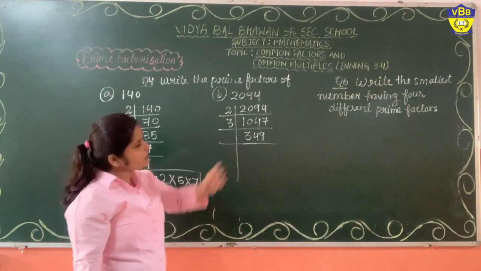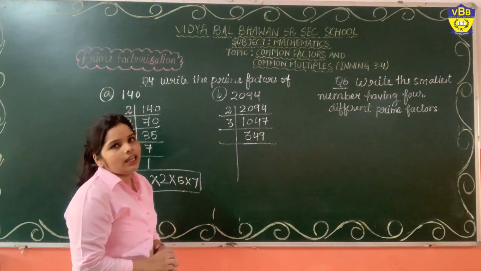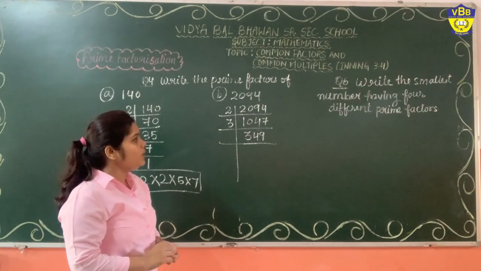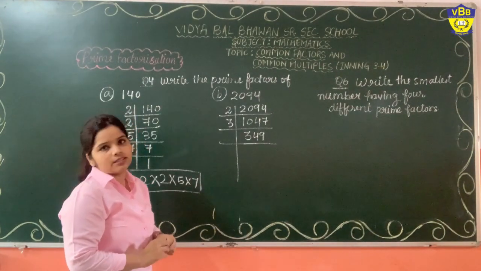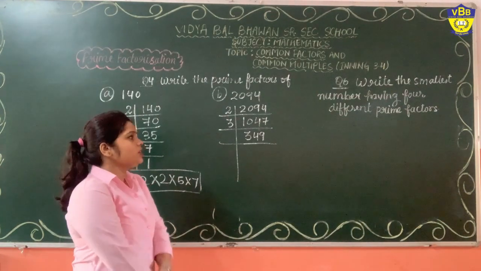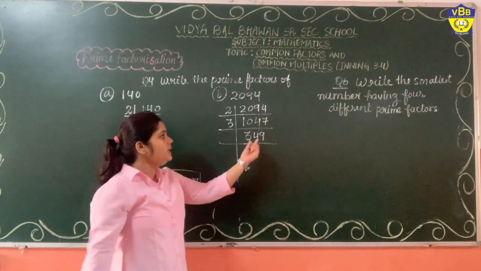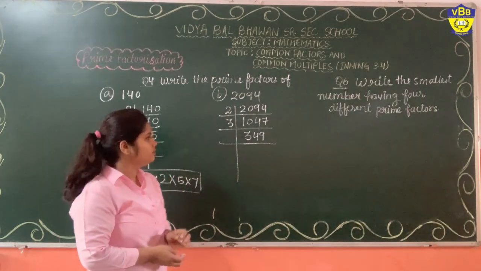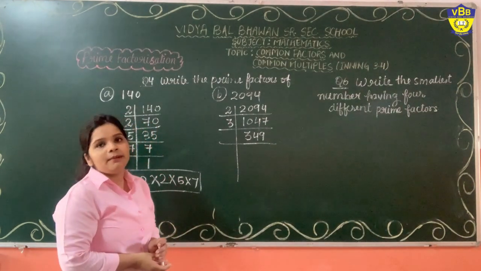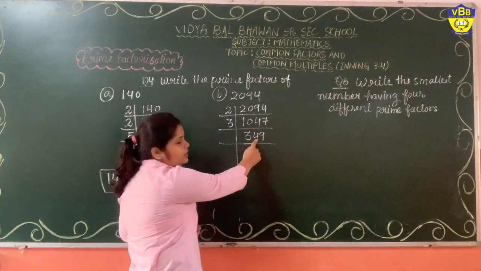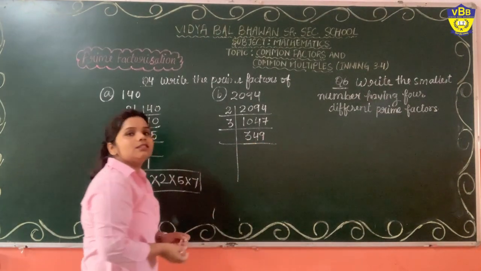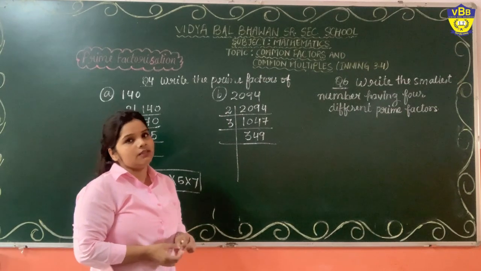Now check 349. By which number will 349 be divisible? You need to check this. So how will you check it? Will it be divisible by 2? No. Will it be divisible by 3? Check: 3 plus 4 is 7, 7 plus 9 is 16, and 16 is not divisible by 3.